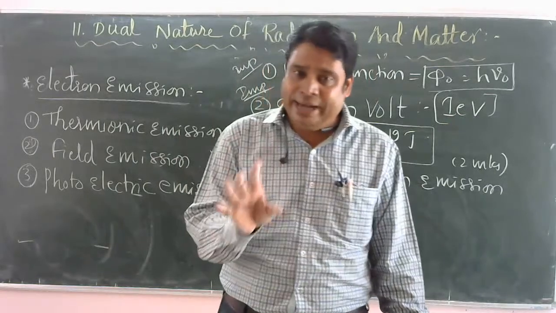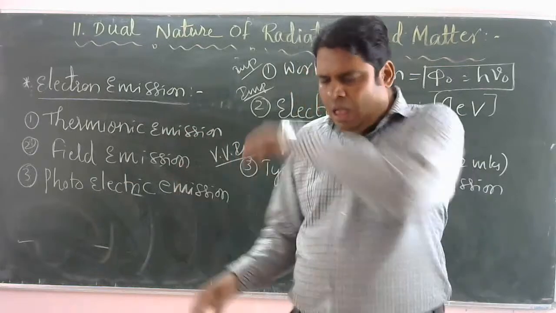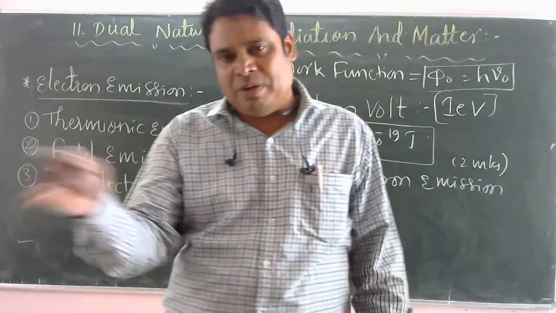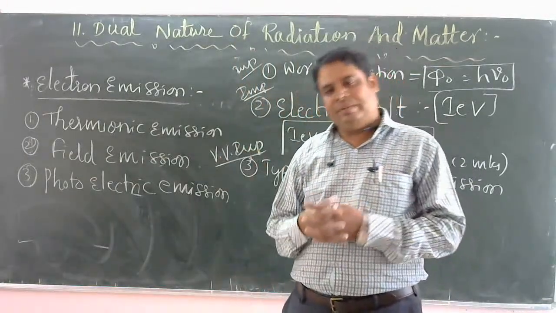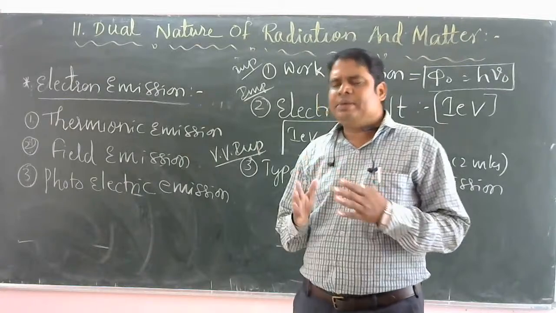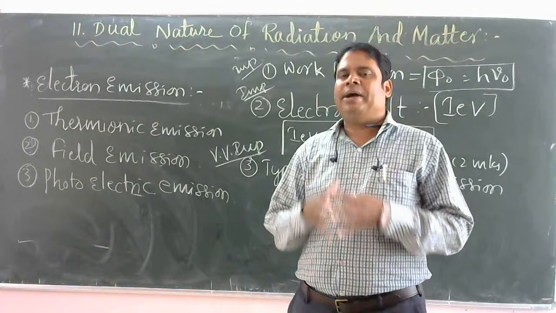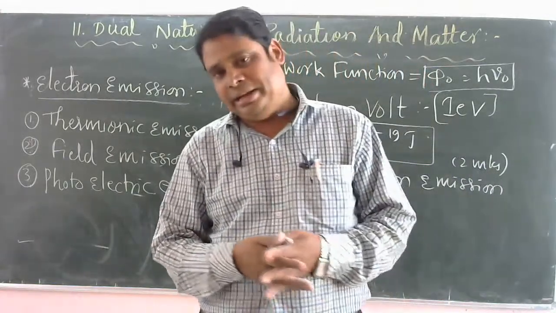I mean supplying energy in the form of heat. So to say, I can define thermionic emission: it is a process of emission of electrons from a metal surface by applying heat energy.